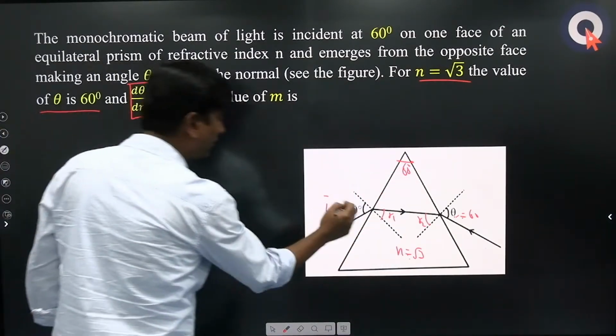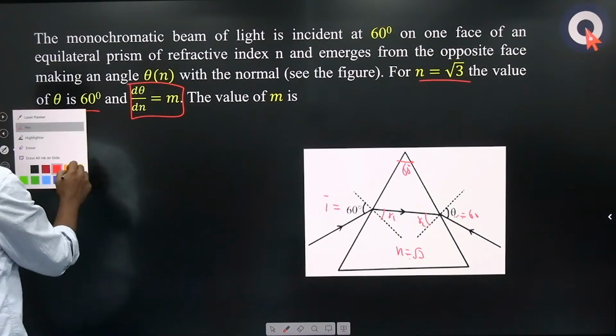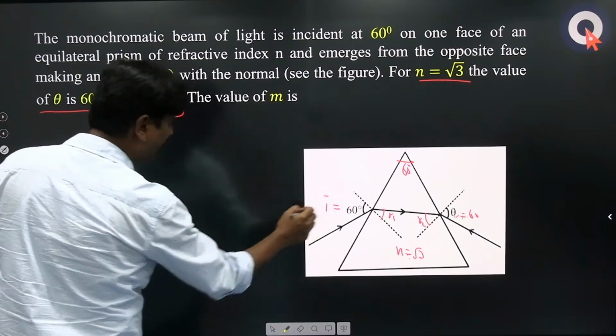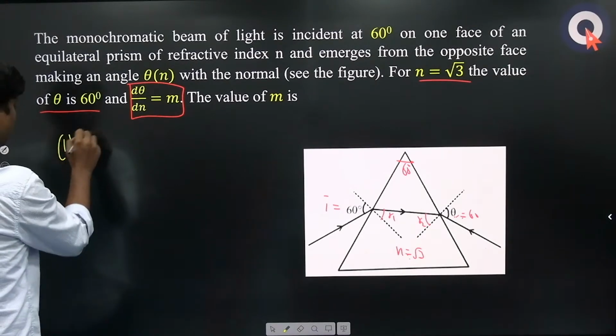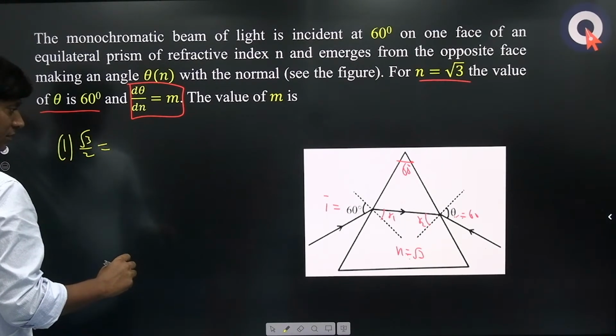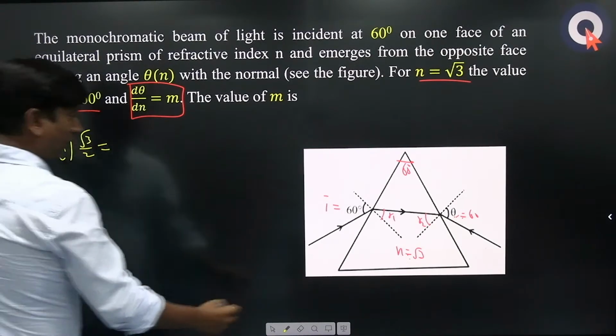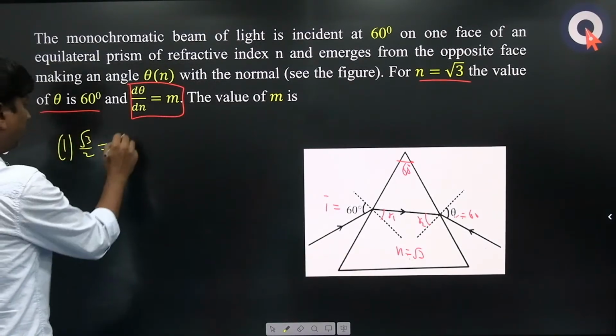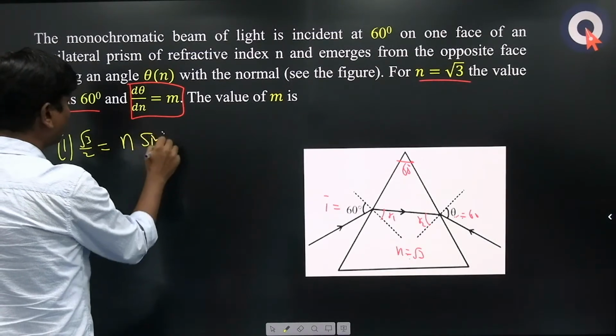First you apply Snell's law at this particular face, which is air, so 1 into sin 60, √3 by 2, is equal to n into sin of R1.